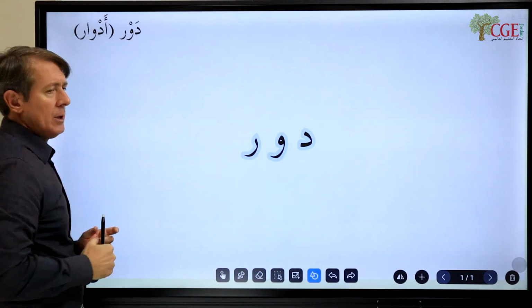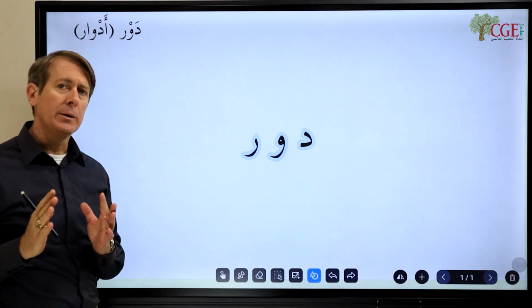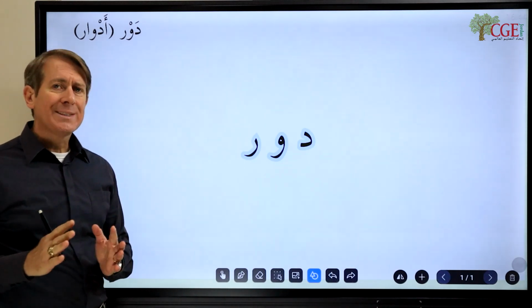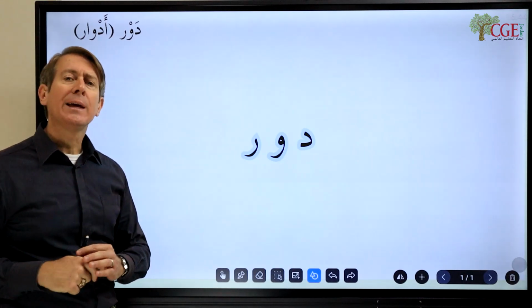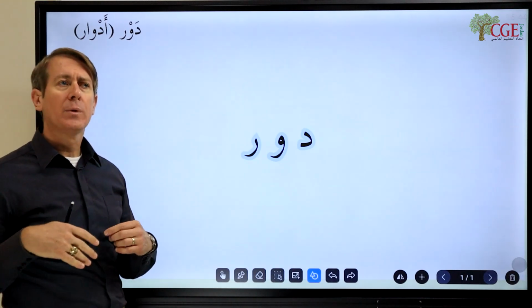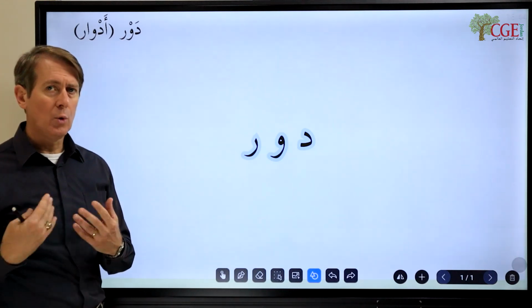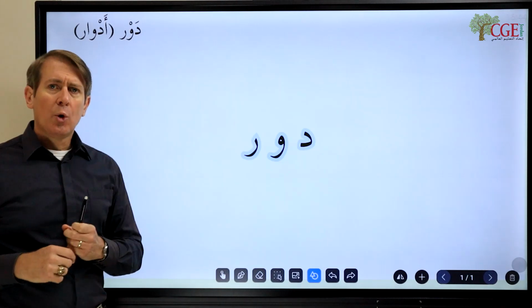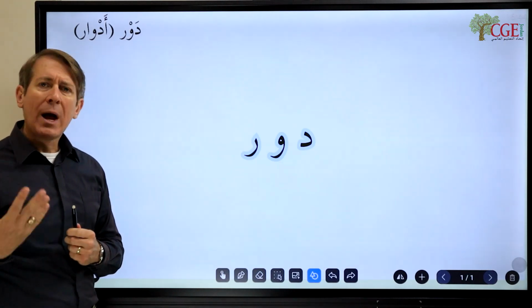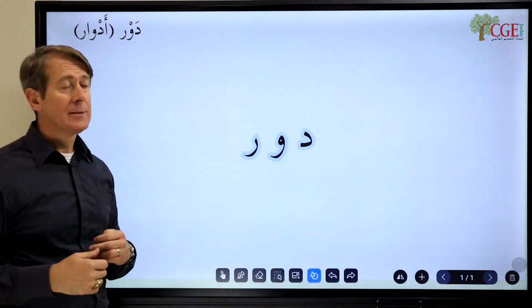So dor, first thing: if you say dor to an Arab who knows English well, they're going to say it means turn or part, roll or part. But one of the meanings from this is also a round, a sports round, a round in, let's say, tennis.